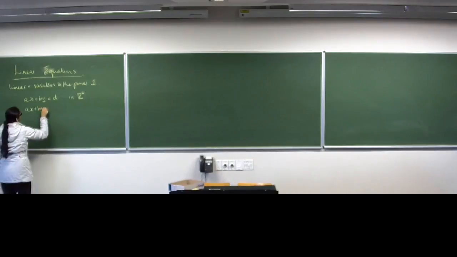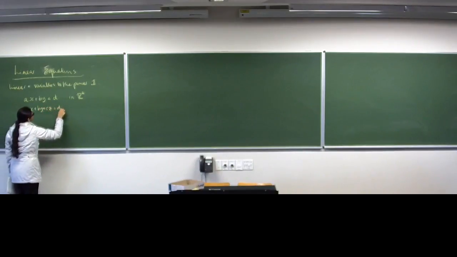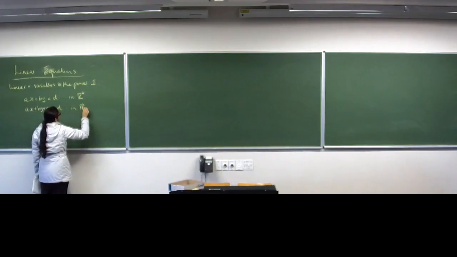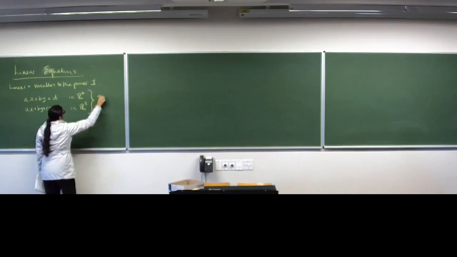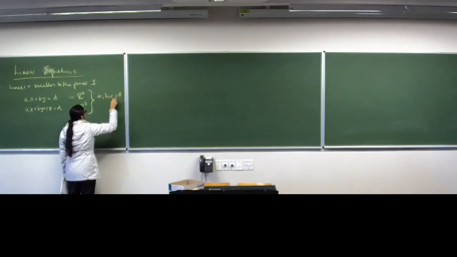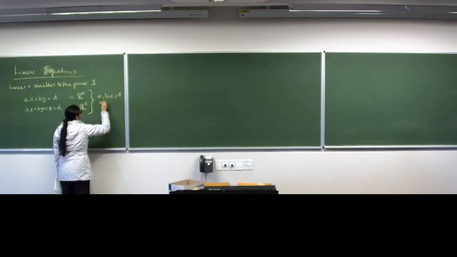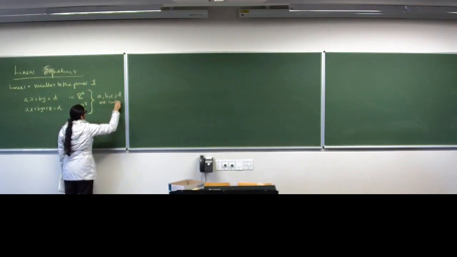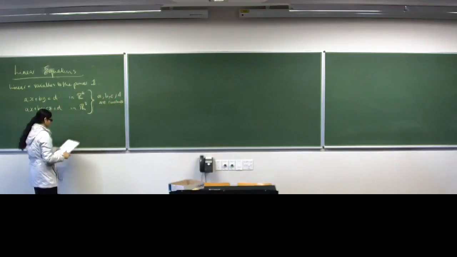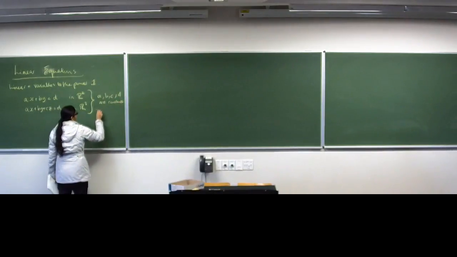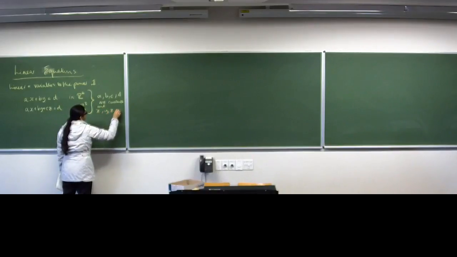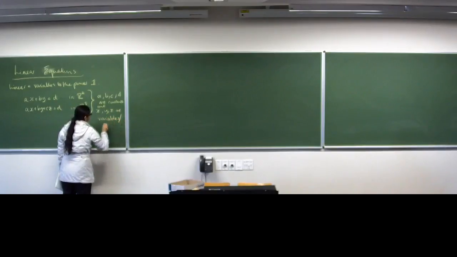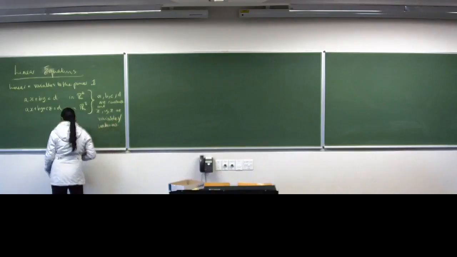Ax plus by plus cz equal to something in R3, where a, b, c, and d are constants, and x, y, and z are variables, or we call them variables or unknowns, which we often want to solve.